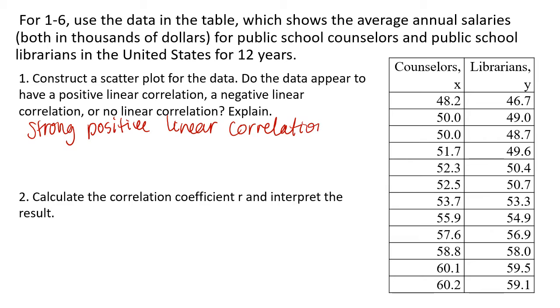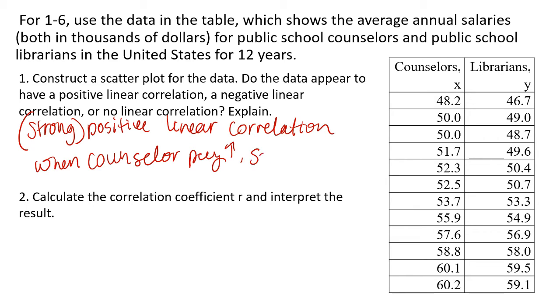And we know that it was positive, so the strong we'll find out for sure in a moment. But the positive is because when counselor pay went up, so did librarian pay. So they move in the same direction, meaning they have a positive linear correlation.